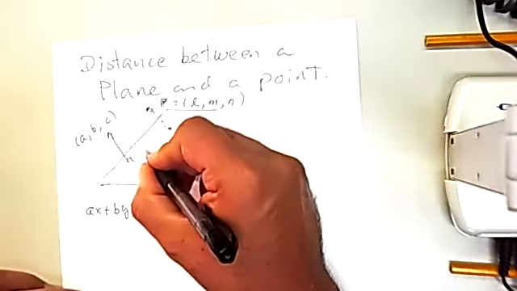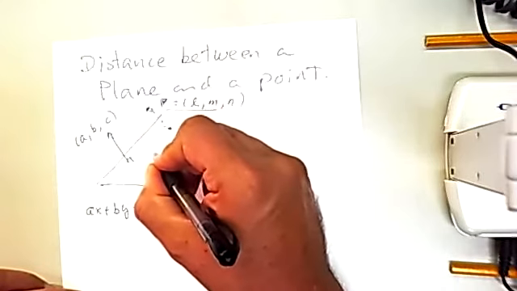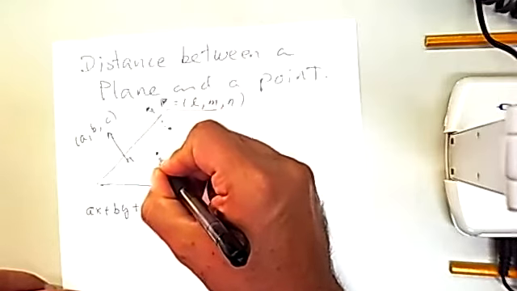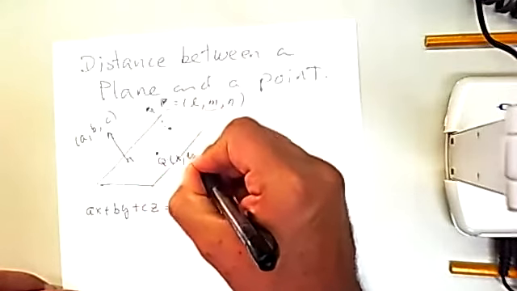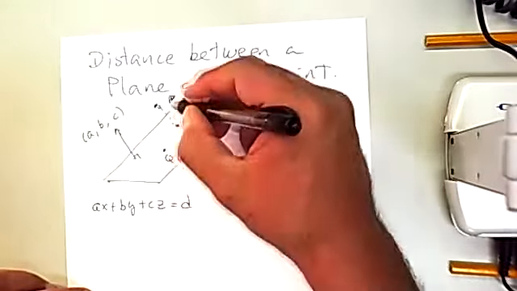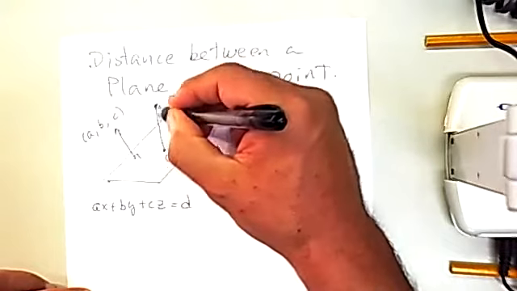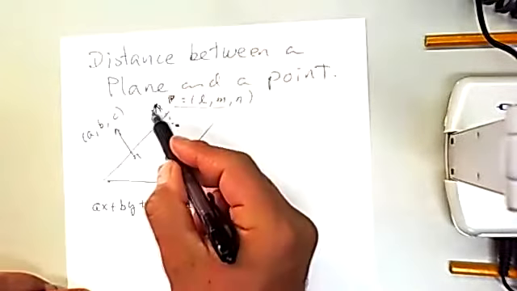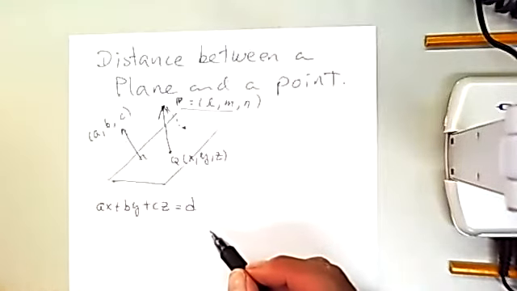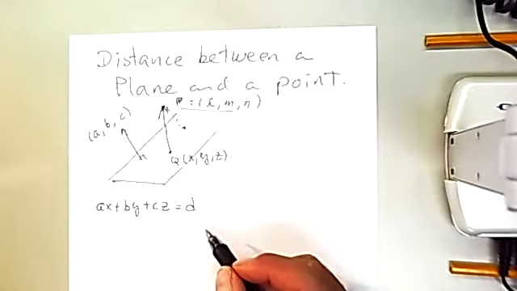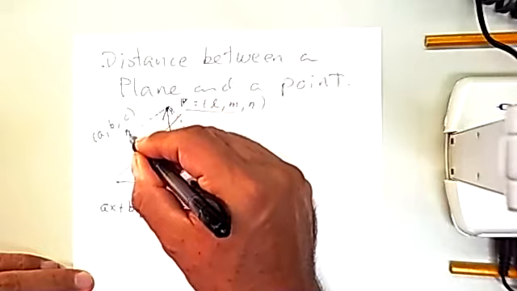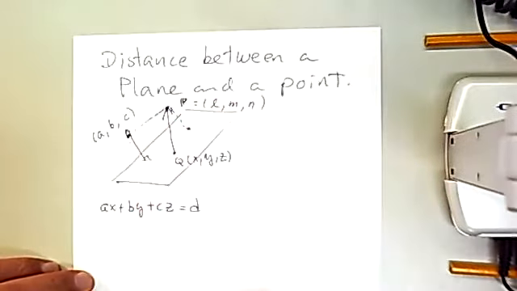One way to go about it is to take any point Q on the plane with coordinates X, Y, and Z, satisfying this equation. Then find this vector and project it onto this normal vector. If we find the component, that will give us the distance, because we want this point to project onto the normal vector.